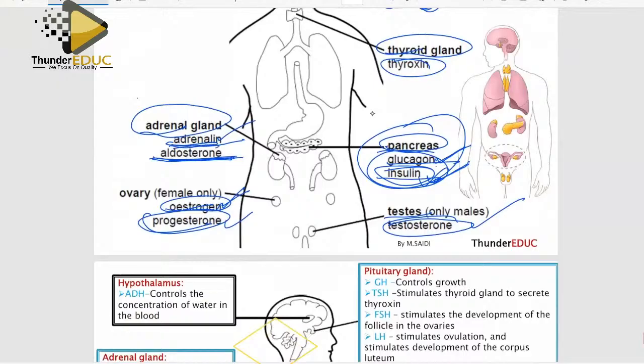Yes, so that is as a result of what? Adrenaline. And then aldosterone is for salt. Aldosterone is responsible for salt. So if it is for salt, some people eat too much salt.